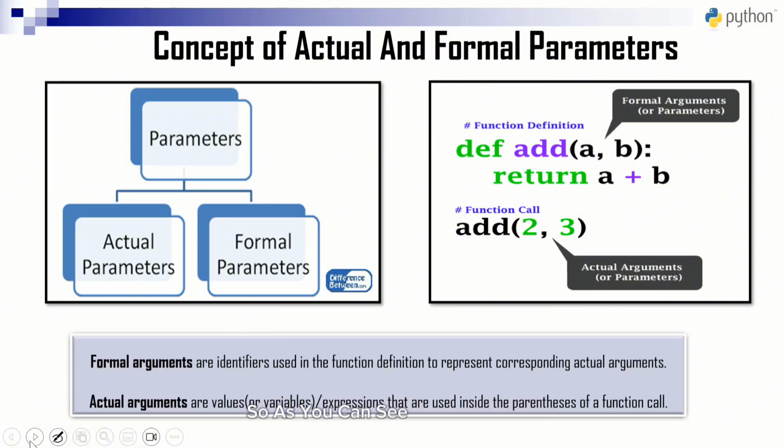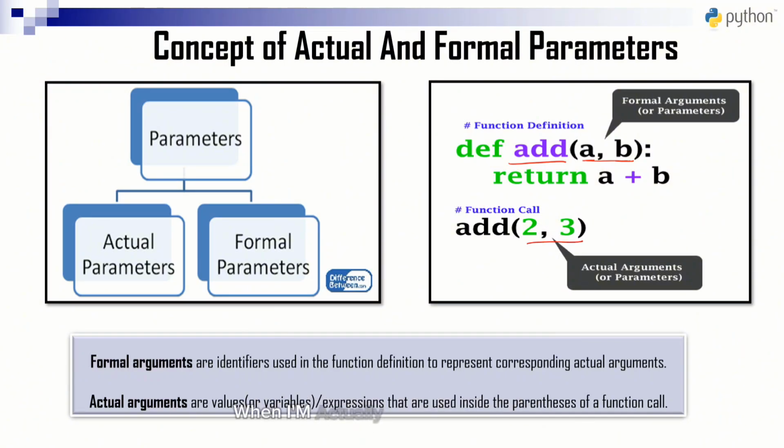So as you can see on the screen, I have a function add. In the function definition, I have passed two variables a and b. So when I am passing variables, this becomes formal arguments or parameters.